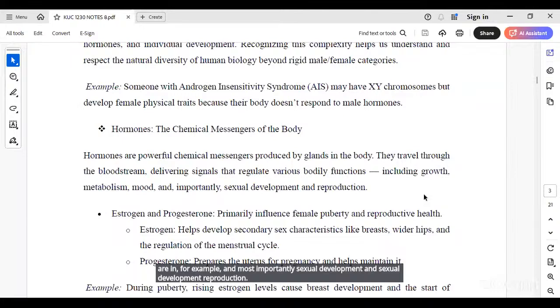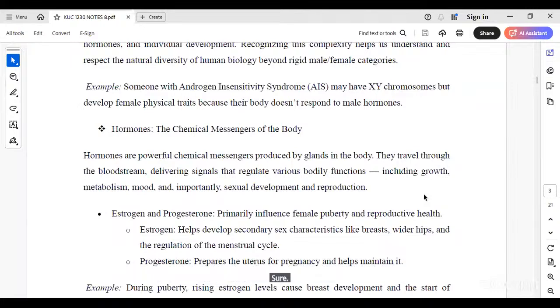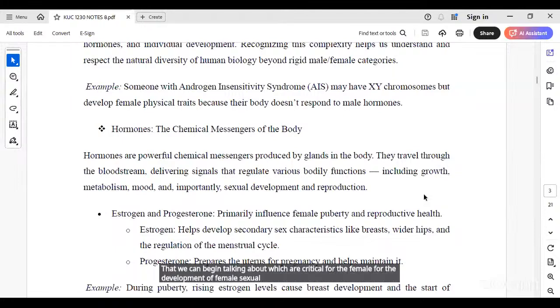So, two important hormones that we can begin talking about, which are critical for the development of female sexual features and eventual reproduction, are the estrogen and progesterone hormones.